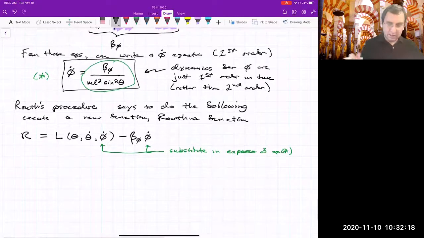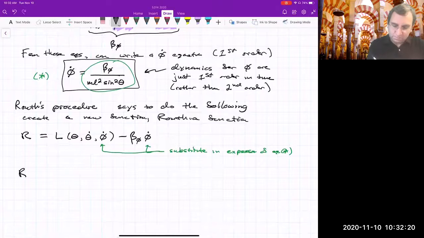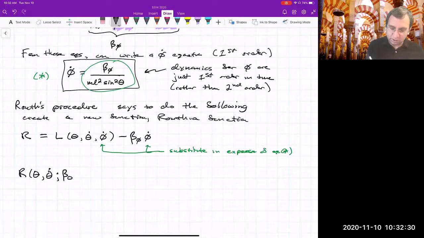So what will we end up with? We'll end up with a Routhian that will explicitly depend on only theta and theta dot. But also, there'll be some dependence on initial conditions through this constant beta sub phi. And this is what you get when you work all that out.